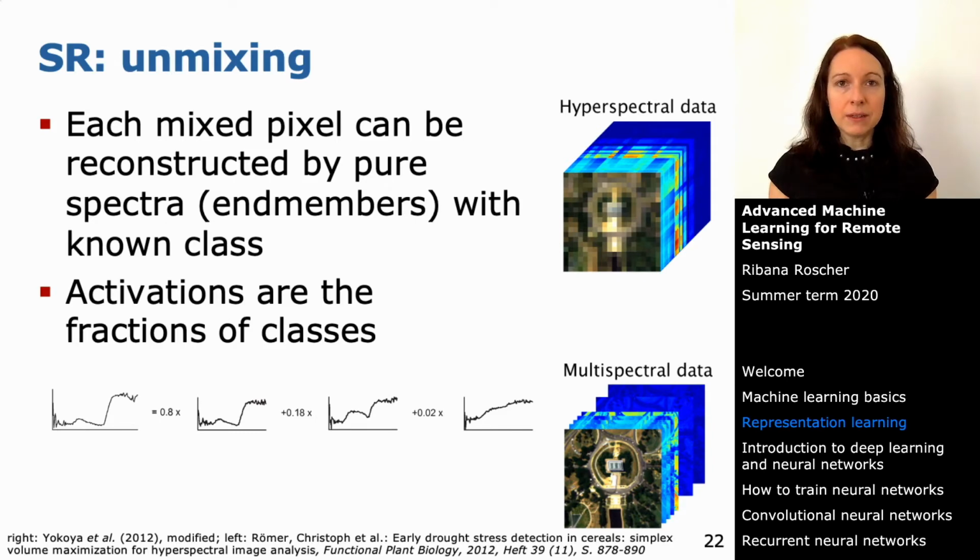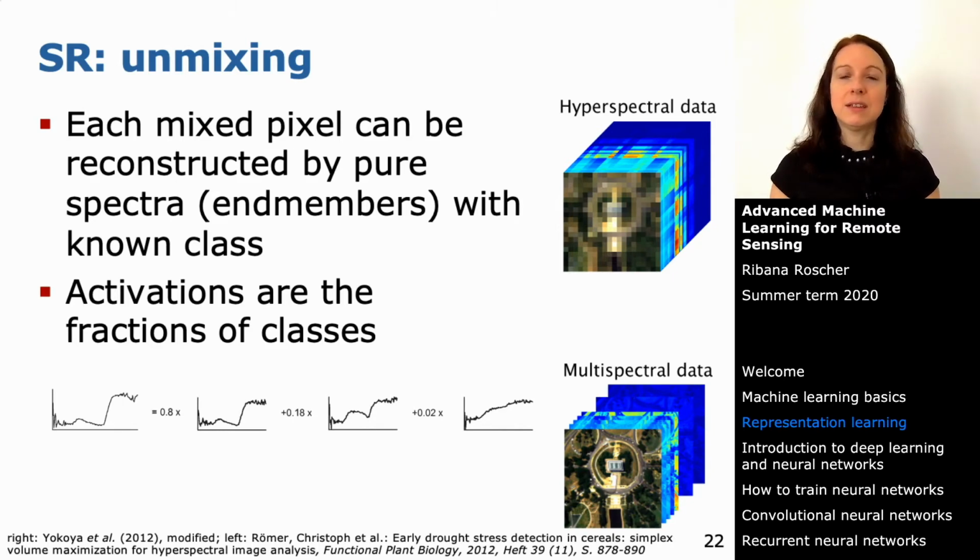As a consequence, if you have a look at one pixel for hyperspectral data, you have a lot of land use and land cover information captured in the information of one pixel. If you want to know what is in this pixel, you need unmixing.